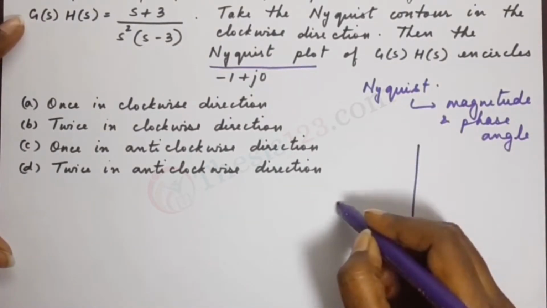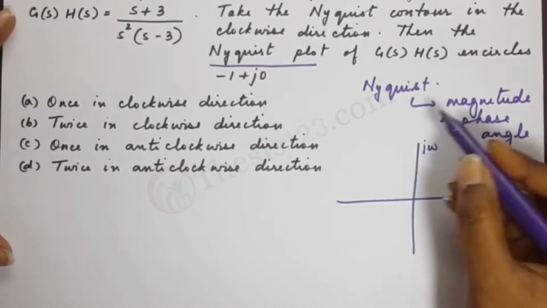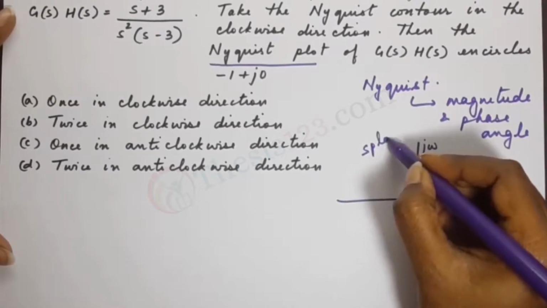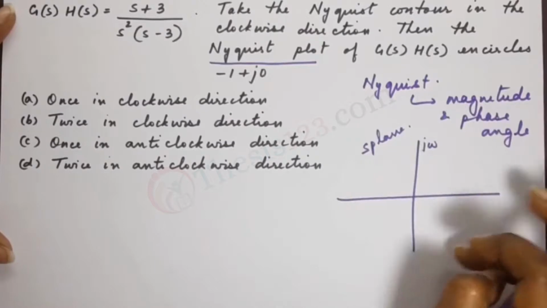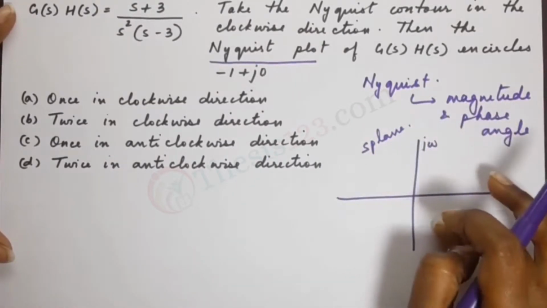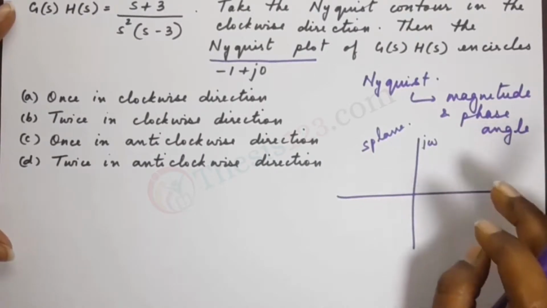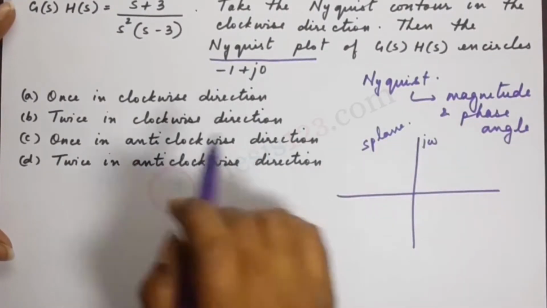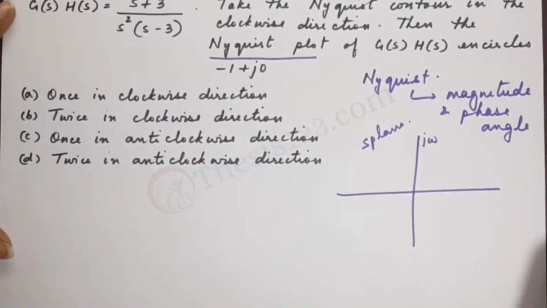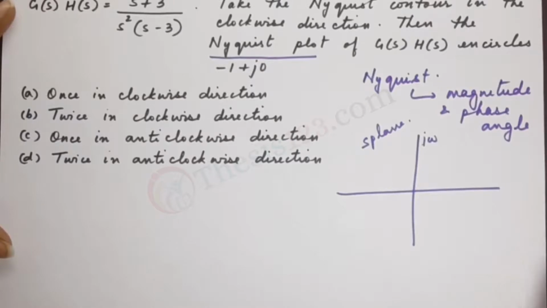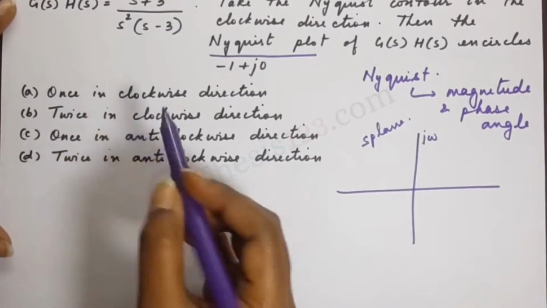Let's take this for example. This is the j omega axis and the entire plane is the S-plane. On the S-plane, we need to figure out which region, the Nyquist region as it's called, covers the given transfer function. An important point is that we need to cover the region and avoid the poles and the zeros of the given transfer function.